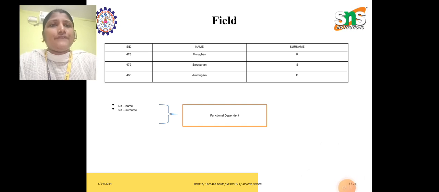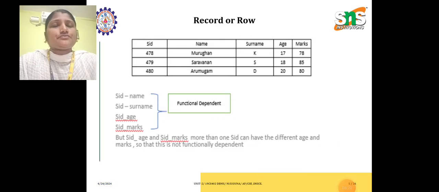Next, again we have student ID, name, surname, age and mark. Age depends on student ID, and mark also depends on student ID.